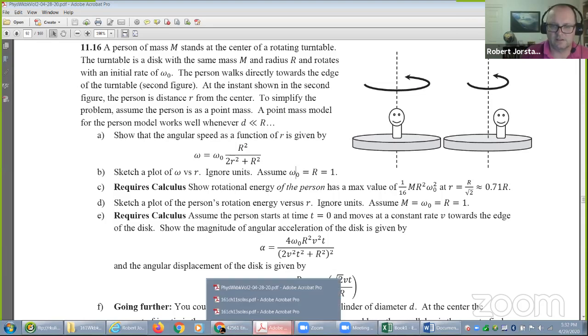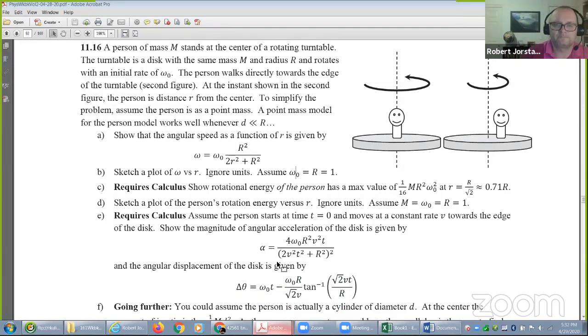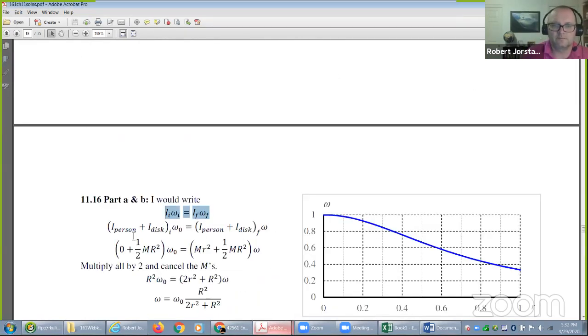Let's go look at the solution right here. So we get the person plus the disk, and the person plus the disk. Initially, the person is 0 because they're at the center. Afterwards, the person is mr squared. The disk isn't changing. Rearrange it, piece of cake.